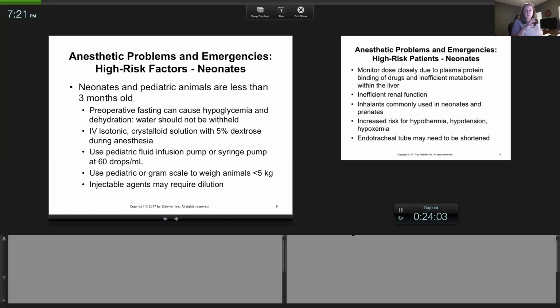And this is always doctor dependent. I always check with my doctor, what do they want me to tell the owner for fasting? The problem is, in practice, it is usually the receptionist's job to call the surgery patients for the next day. And most of them just go down the list and don't look at whether this is a geriatric, a pediatric, a brachycephalic, or a dog with kidney disease.